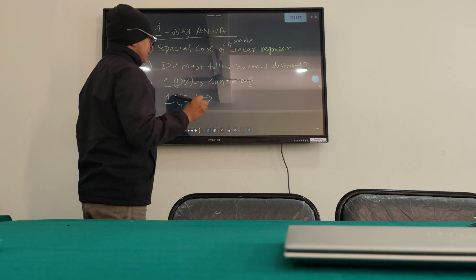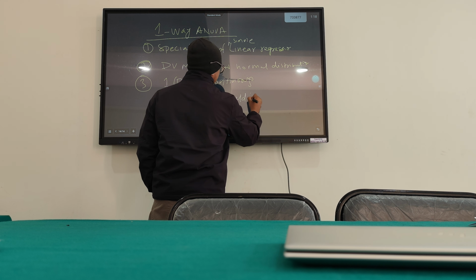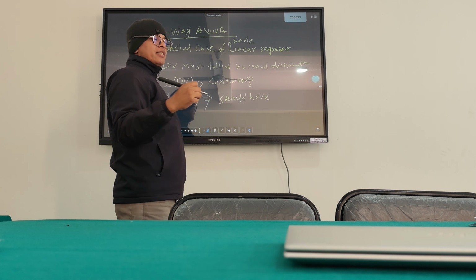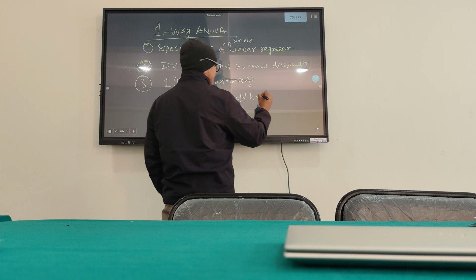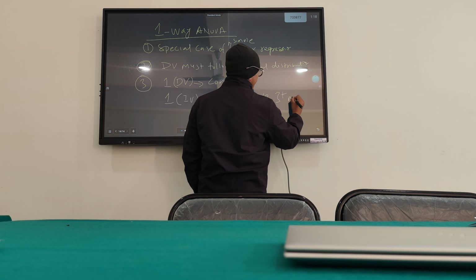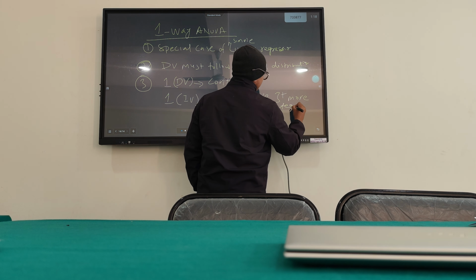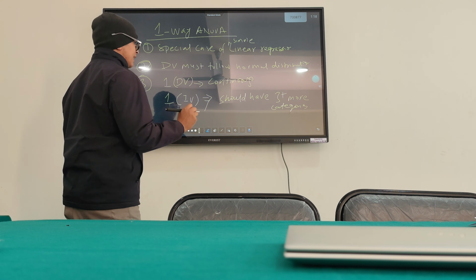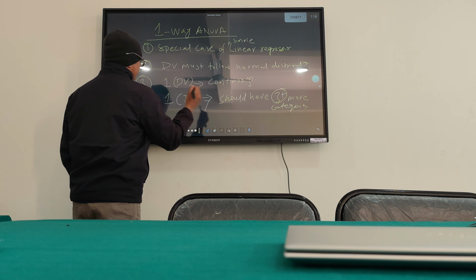The one IV should have some people say 2 or more categories, but as per the specific definition I say 3 plus categories. So this is the most important thing, right? 3 plus categories.